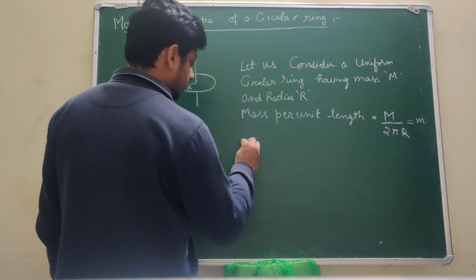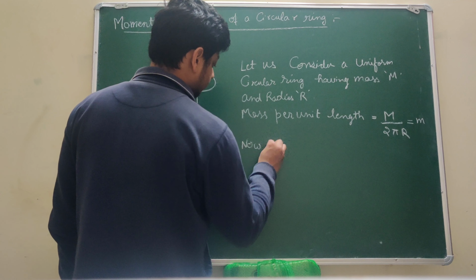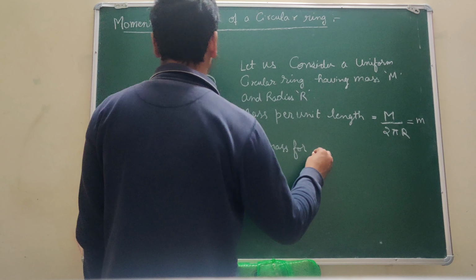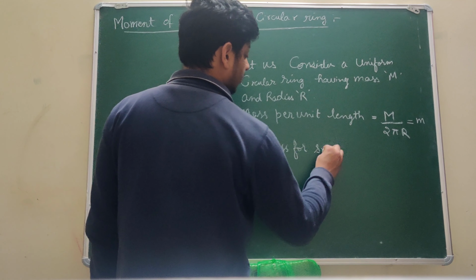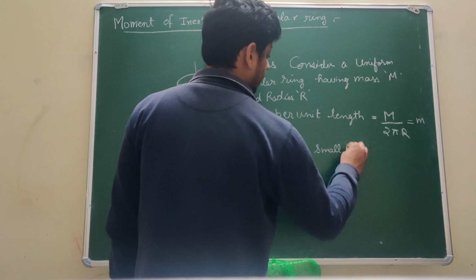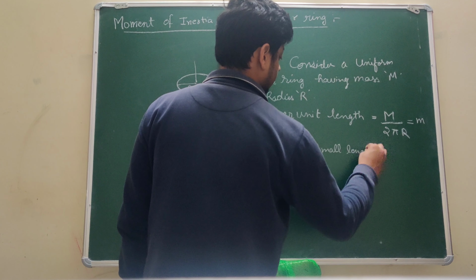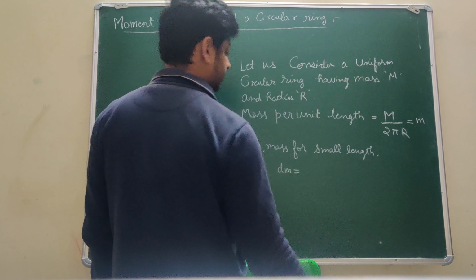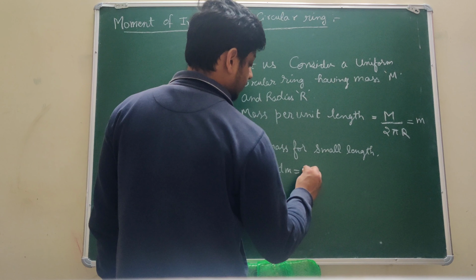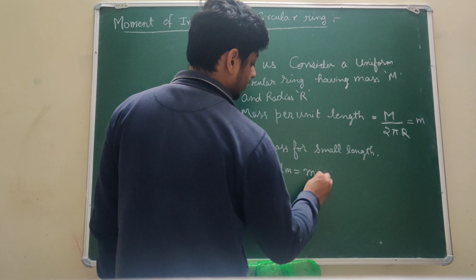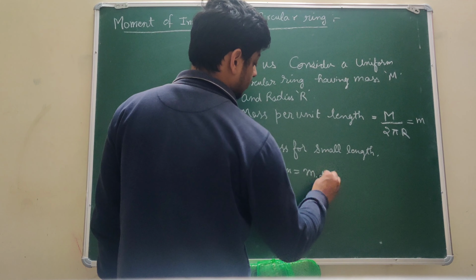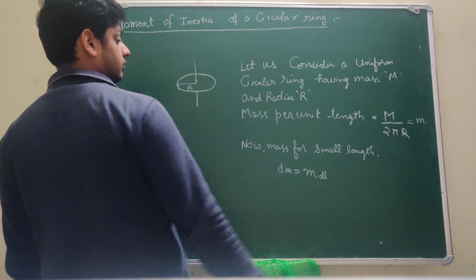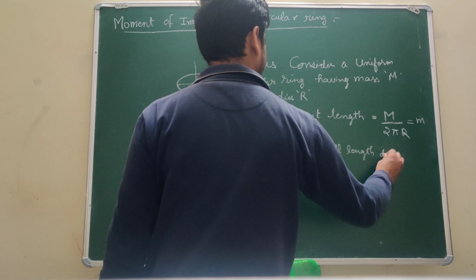Now mass for small length is dm, and it is equal to the unit mass into small length dl.